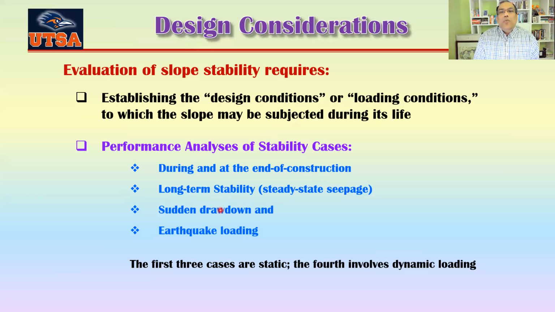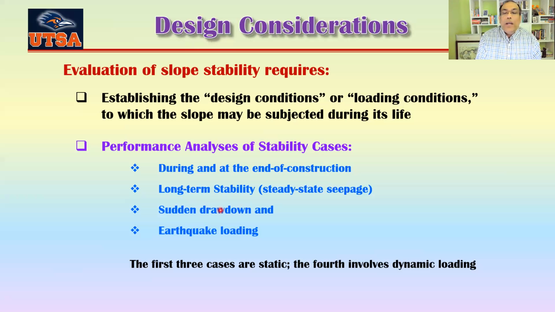If you change that fast enough, the pore water pressure from the long-term, steady state seepage flow would be hampered and the water cannot get out from there very quickly. That's the sudden drawdown. We'll definitely talk about that in the next part.